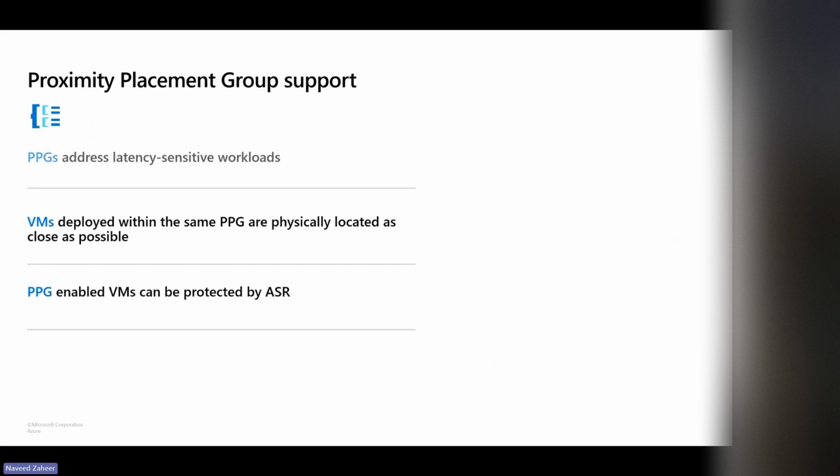Okay, finally, you have the proximity placement group support. So with that, you can say, okay, I'm running these VMs here in a proximity placement group. Just to give you an idea, proximity placement groups put VMs on the same virtualization host, so they are close to each other, to reduce latency. They are for applications which are very latency sensitive.